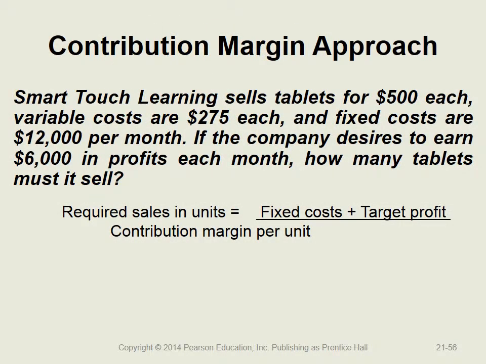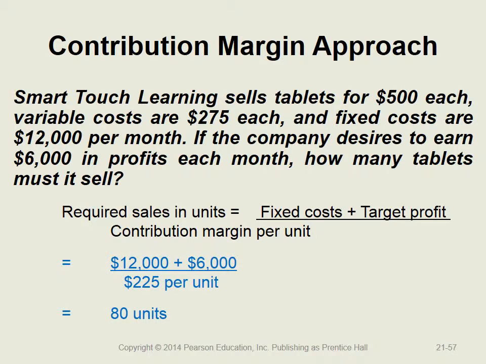The contribution margin approach is a shortcut method of computing the required sales. Notice in the previous example that the fixed costs plus the target profit was divided by the contribution margin per unit. Therefore, we can use this formula instead. If we use Smart Touch Learning's data in this formula, we obtain required sales of 80 tablets per month.